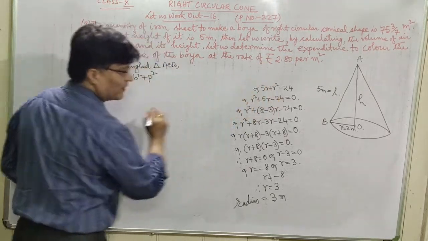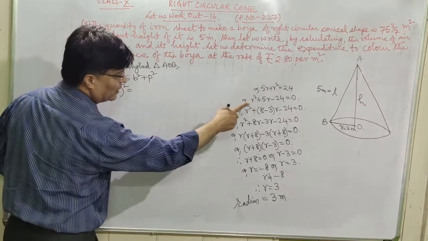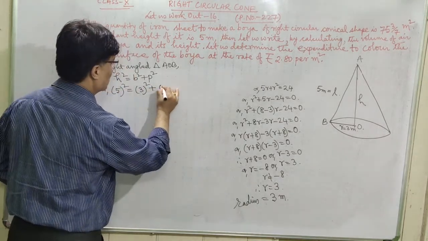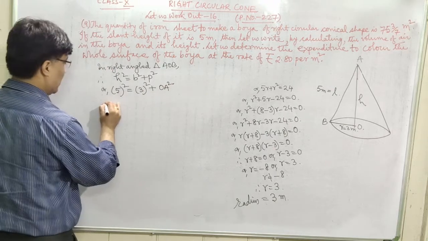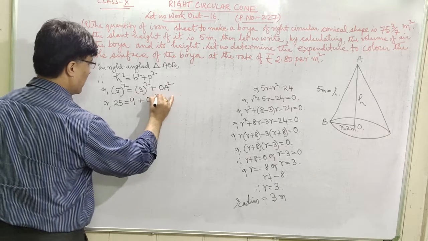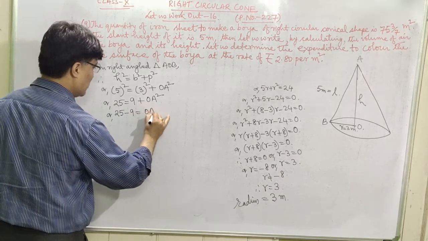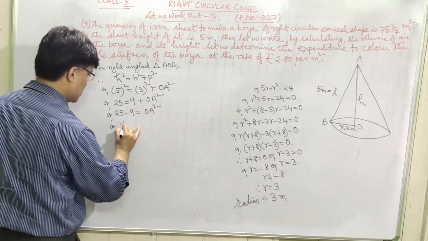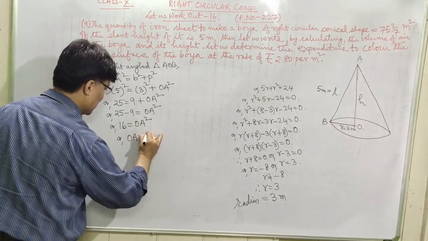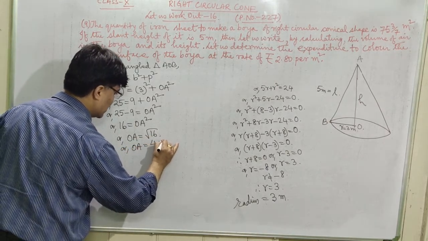Here hypotenuse is 5, isn't it? 5 whole square is equal to base whole square, that is radius whole square, 3 whole square, plus p whole square, that is OA square. 5 whole square is 25, 3 3s are 9 plus OA square. Or 25 minus 9 is equal to OA square, or 16 is equal to OA square. What is OA? That is root over 16. That means OA is equal to 4 meter.